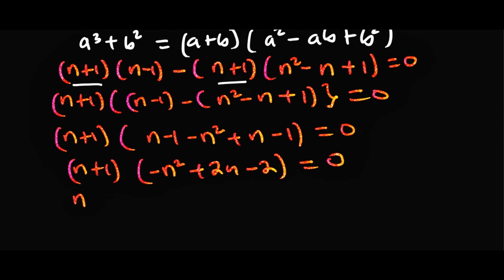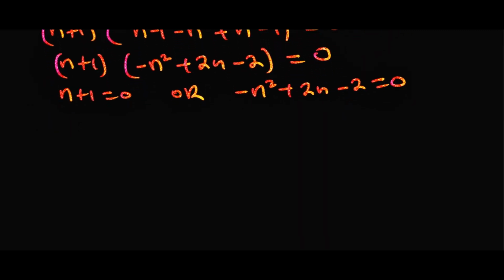So it means that n plus 1 is equal to 0, or minus n squared plus 2n minus 2 is equal to 0. So if we take that the first one is equal to 0, then it means that n is equal to negative 1. So we have the first solution for the equation that we had.